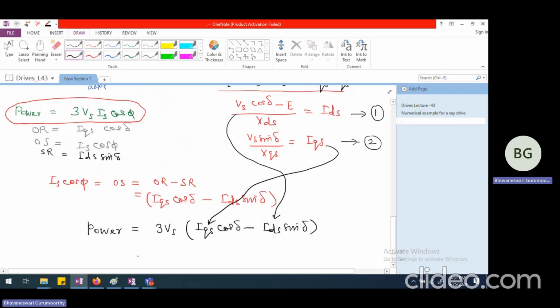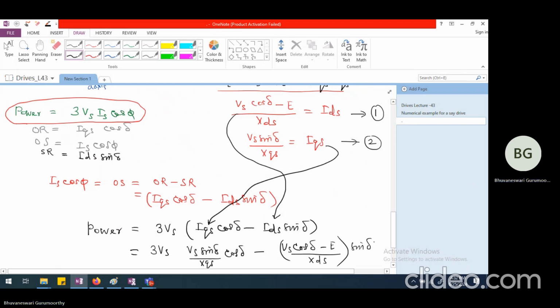So let me write that this is equal to 3Vs multiplied by IQS, which is Vs sine delta divided by XQS, multiplied by cos delta, and IDS is Vs cos delta minus E divided by XDS, multiplied by sine delta.